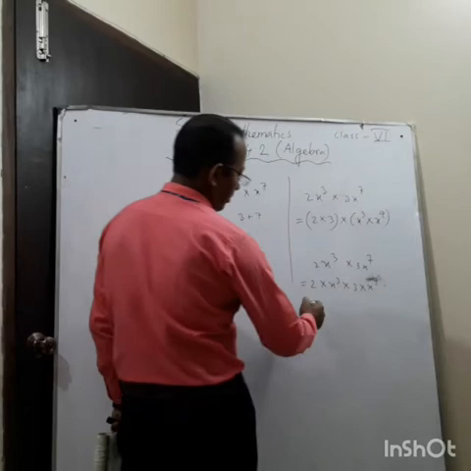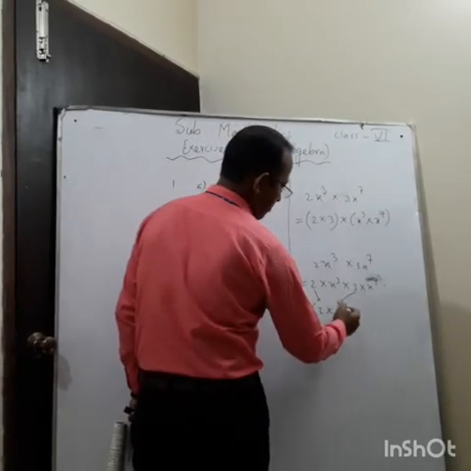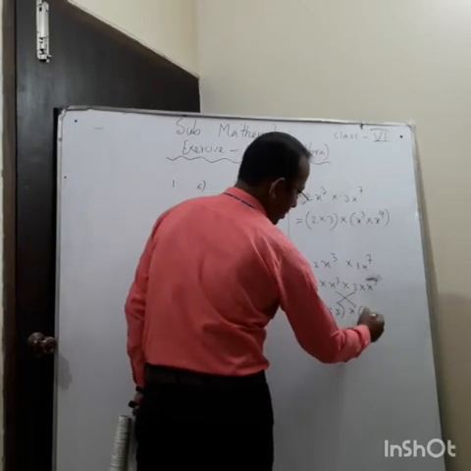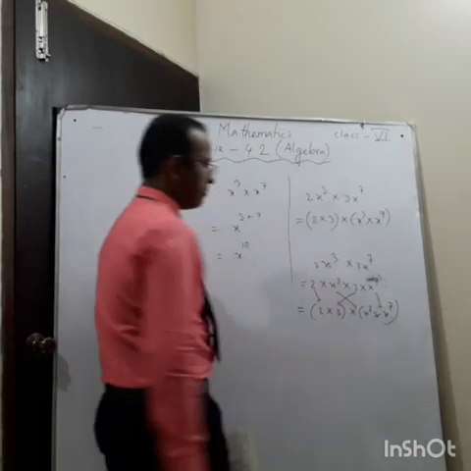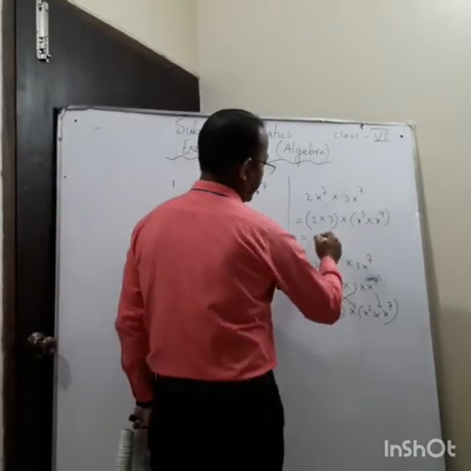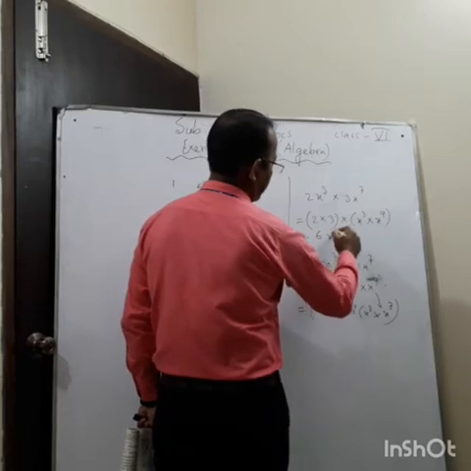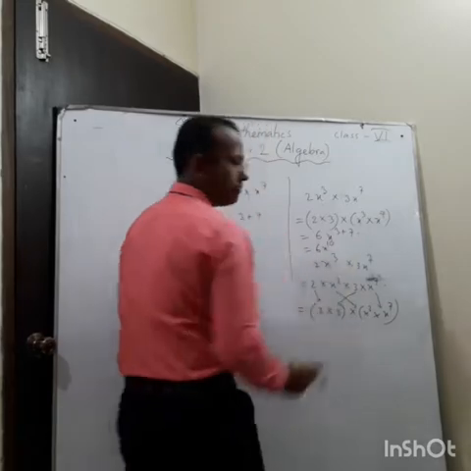So it is separated: 2 into 3 into x cube into x to the power 7. As a result, we get 6 x to the power 3 plus 7, which is 6 x to the power 10.